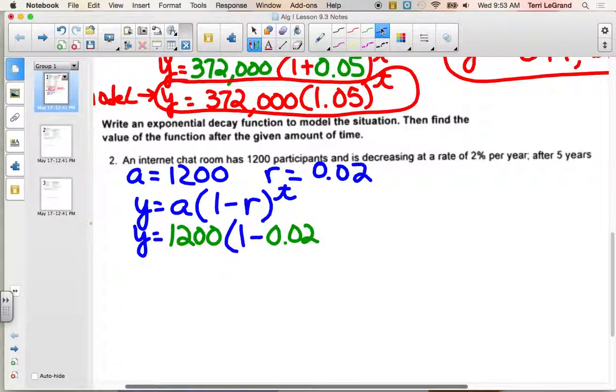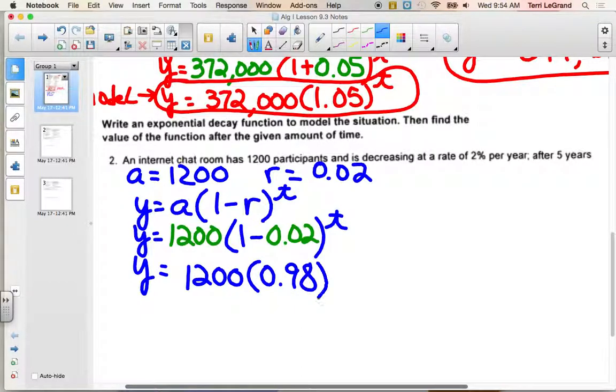And we're going to keep our fingers off of our calculator because if we can't take 2 cents away from $1, we're in trouble. What is 1 take away 0.02? 0.98. Okay, thank you. Y equals 1,200 times 0.98 to the t power.